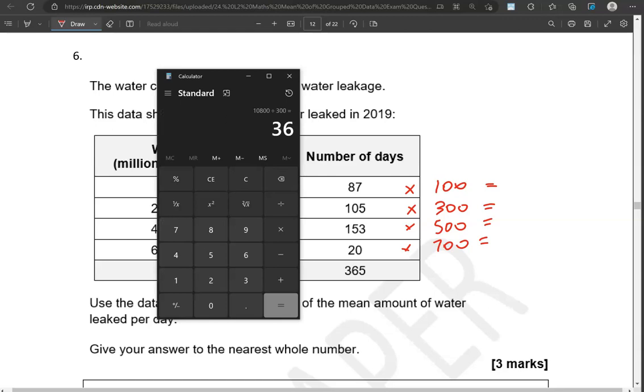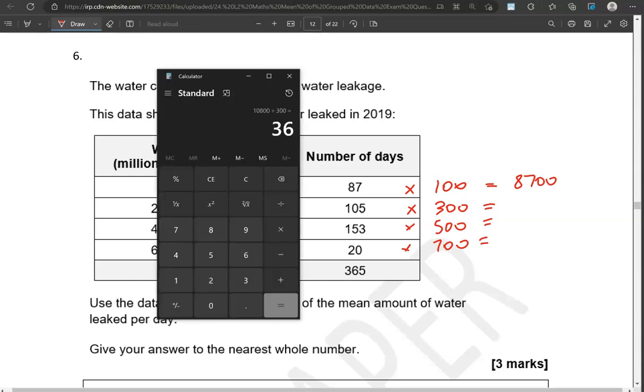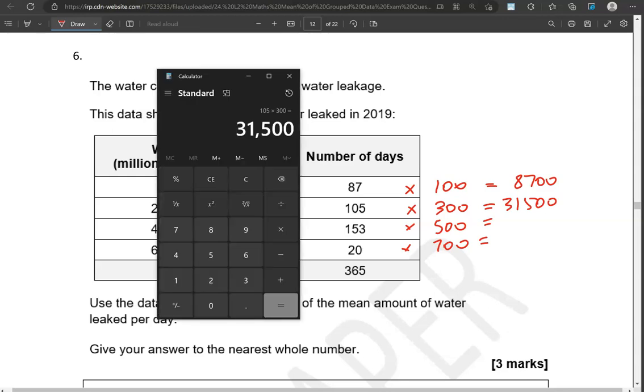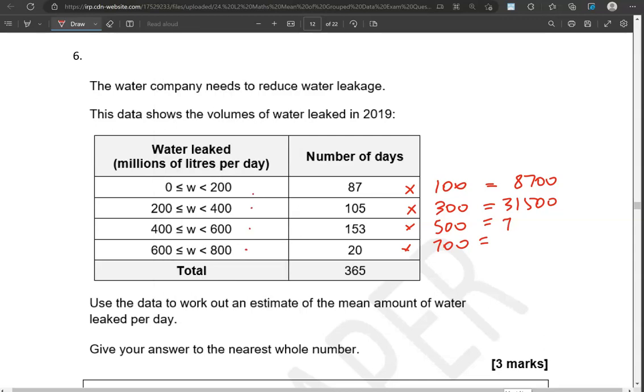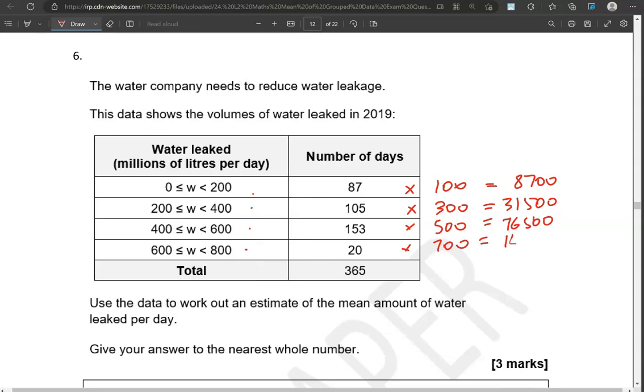So 87 times 100 gives us 8,700. 105 times 300 gives us 31,500. 153 times 500 gives us 76,500. 20 times 700 gives us 14,000.